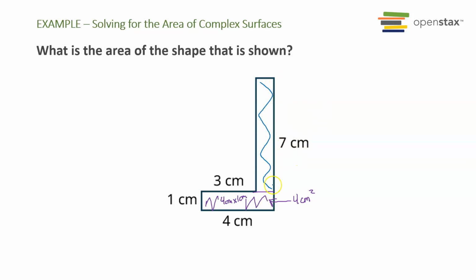Now this long side is 7, but we cut out a centimeter from it. So this particular side is going to only be 6 centimeters in length. The question then also is, how wide is this rectangle?